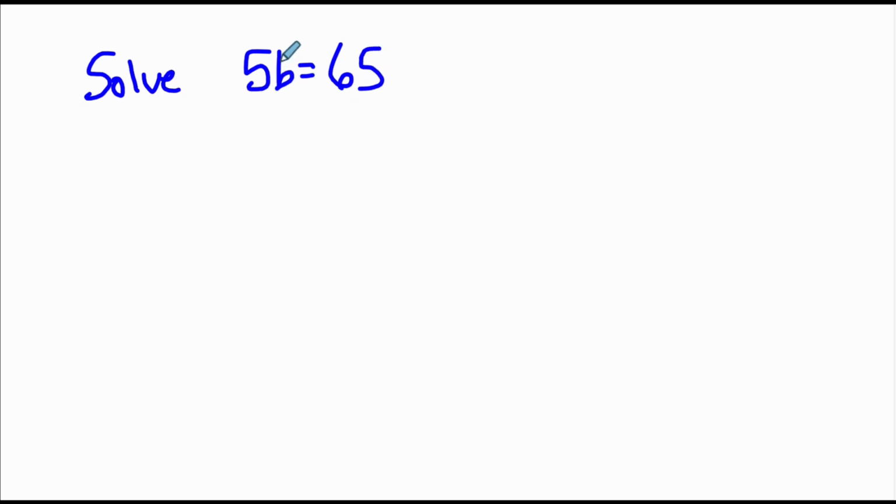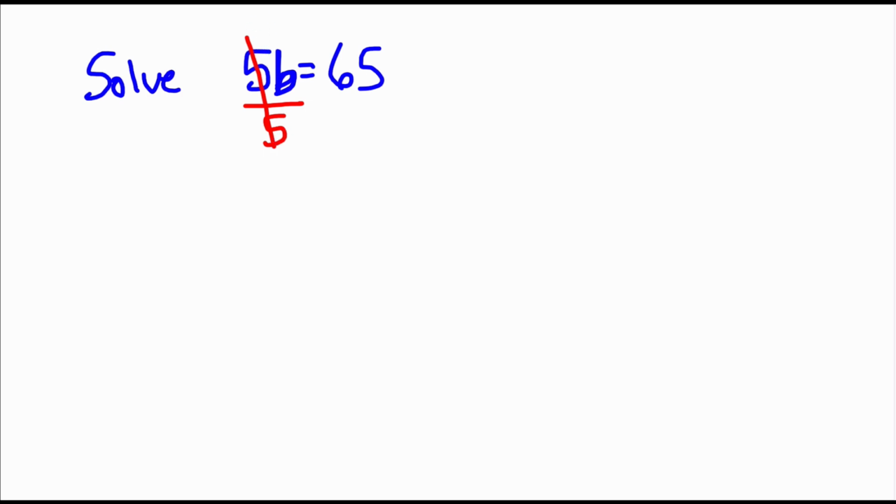That's 5. That's a bad b, but 5b equals 65. Well, 5b means 5 times b, so I know that my inverse operation is going to be divide by 5, because inverse operations undo each other.